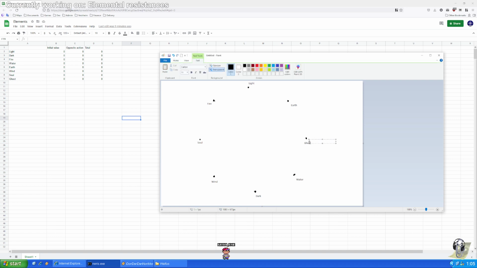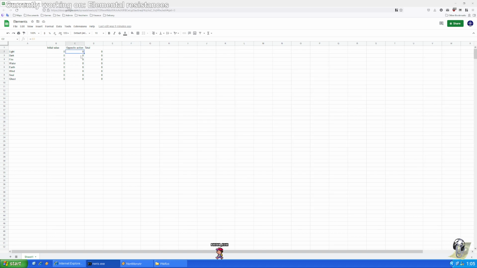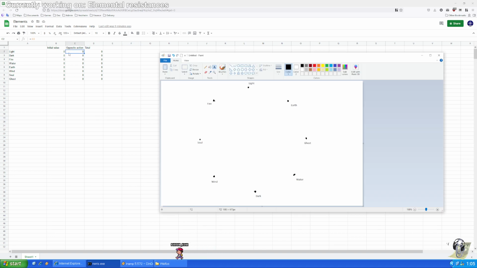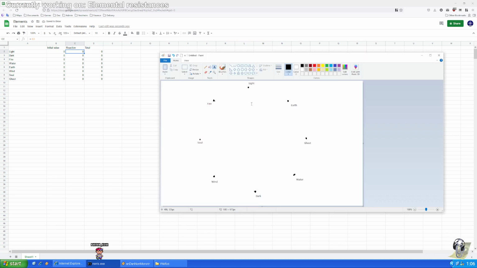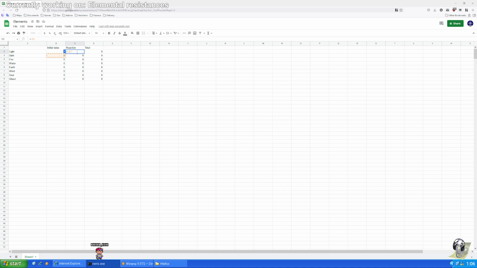No, okay, this seems fine. So now the next layer is gonna be reaction. So we're gonna add all the neighbors here as well.